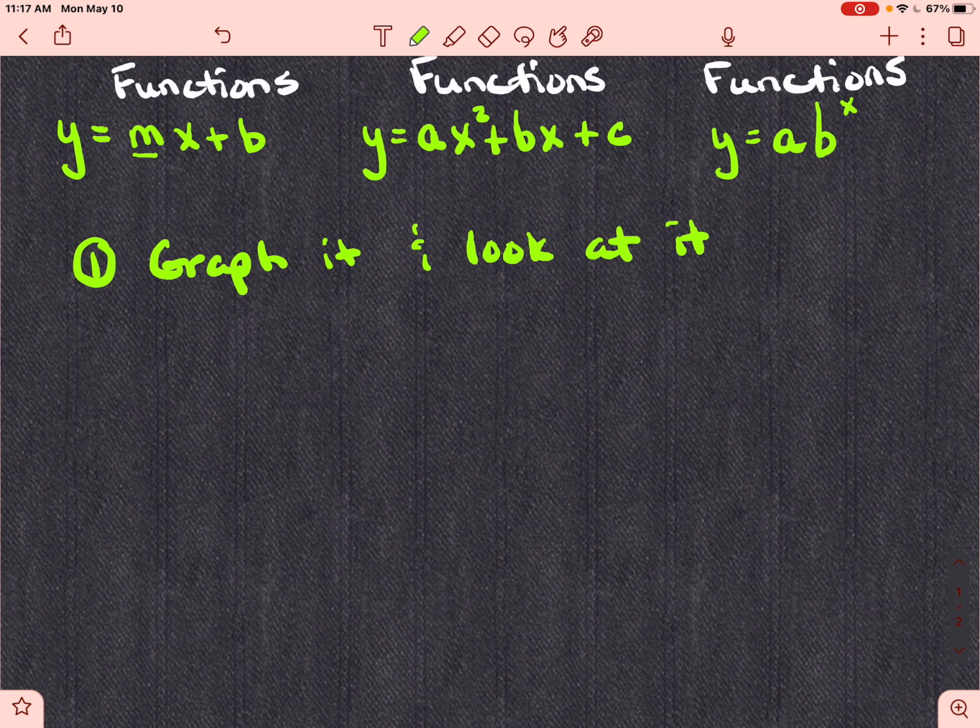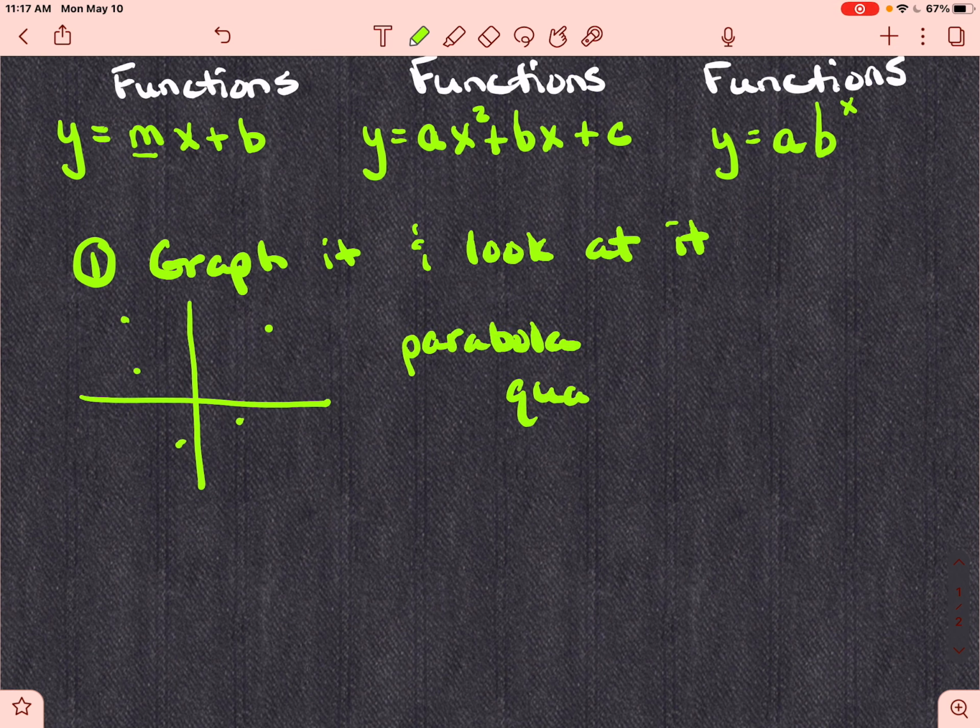If we put in all our x values and all our y values and we look at the graph, we might see that the dots kind of maybe look like that. And you could imagine tracing a parabola there, and you might say, aha, this is probably quadratic.